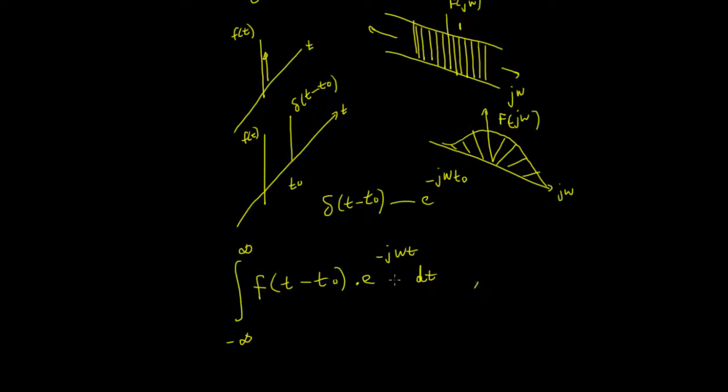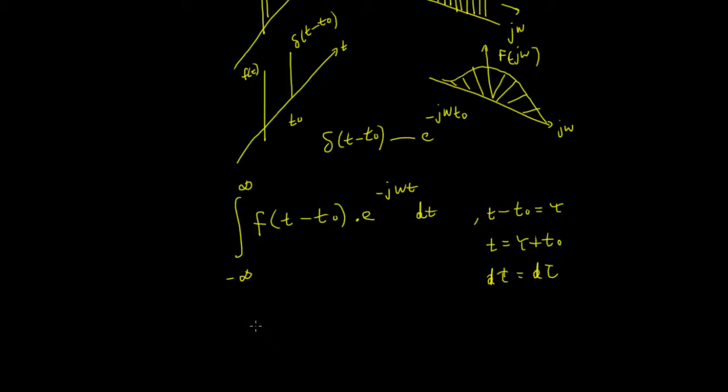Now if we replace t minus t naught with a value tau, then we can say that the value t will equal tau plus t naught, and we can say that our dt will equal d tau.